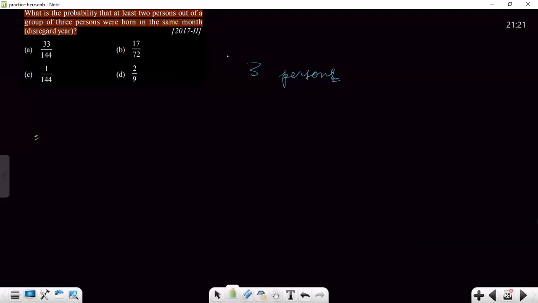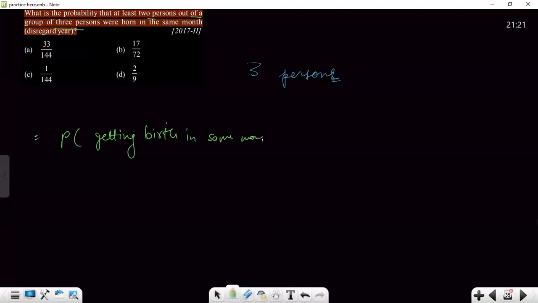What is the probability that at least two persons out of a group of three were born in the same month? Okay. Getting birth in same month, two persons, at least two is asked.